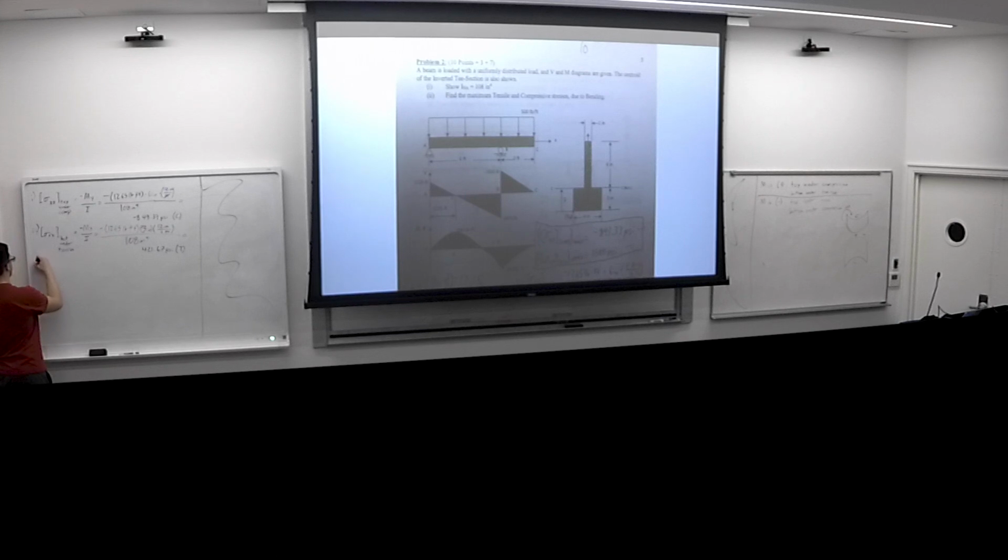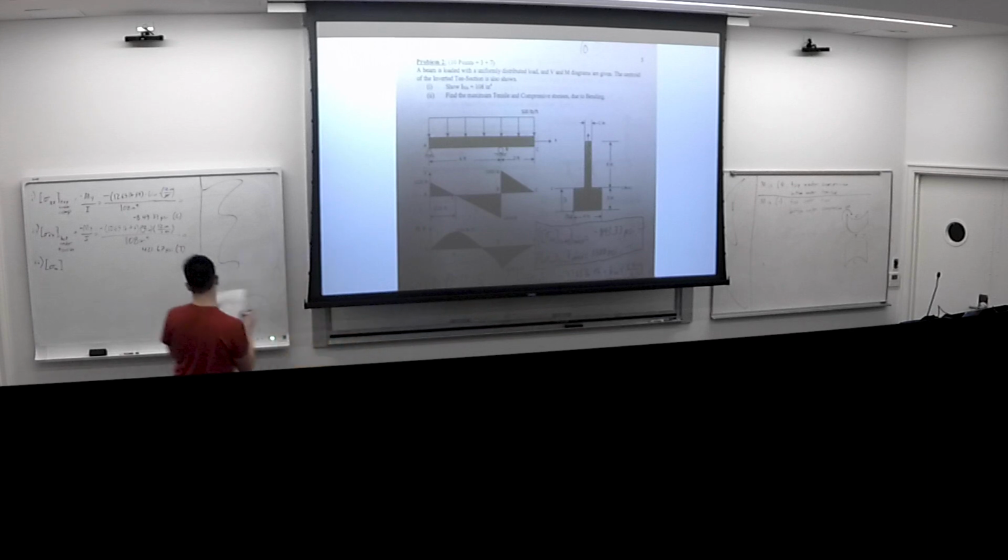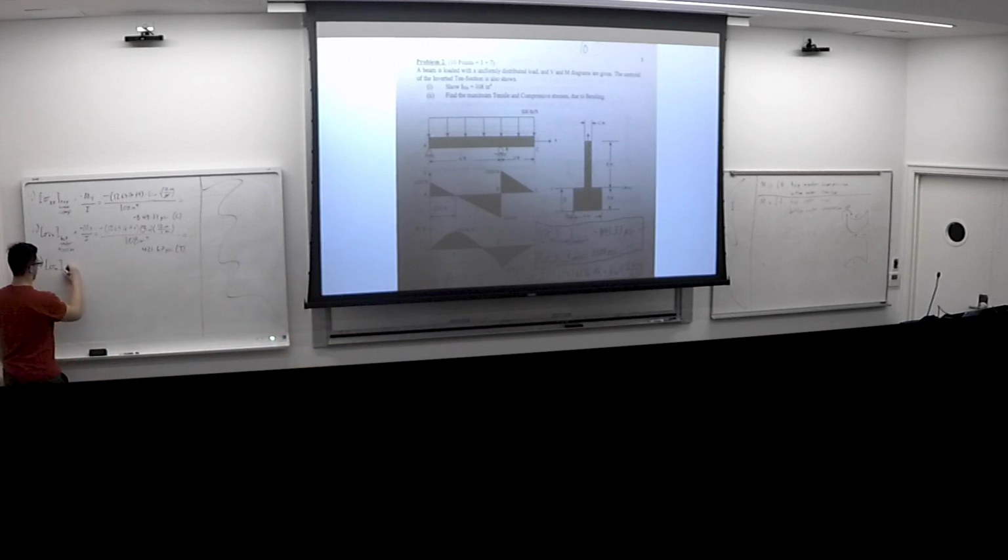So we'll move on to the next one. So now we want the stress due to bending moment when the top is under tension. I'll start with top under tension. So negative My over I again.